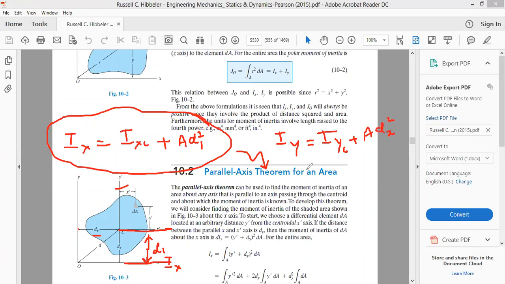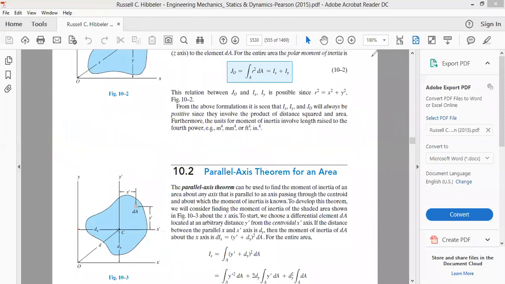This is the parallel axis theorem. The moment of inertia about any y-axis is equal to the moment of inertia about the centroidal y-axis plus area times the square of the distance between the two y-axes. This is what the parallel axis theorem states.